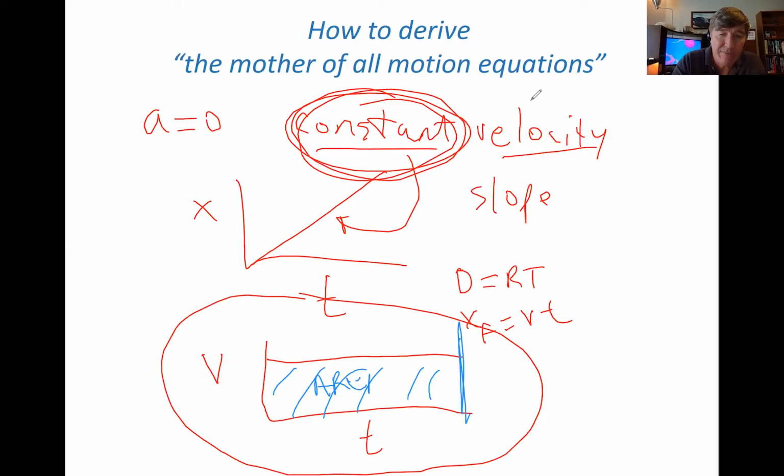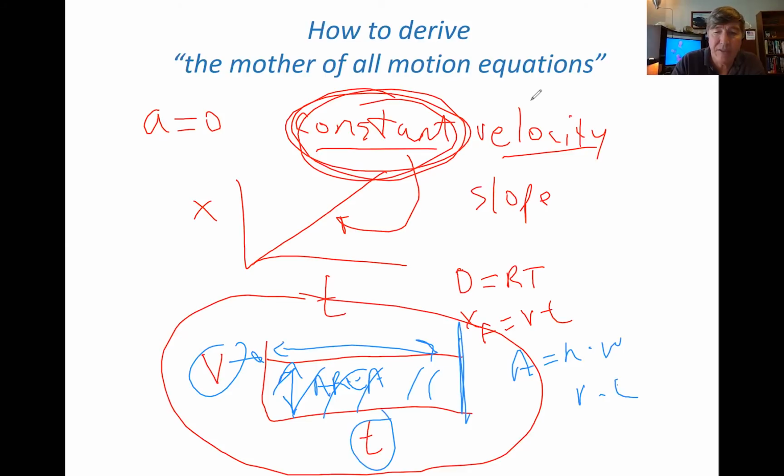What is the area of a rectangle? Well, area of a rectangle is height times width. What is the height of this rectangle? Well, the height of the rectangle is the velocity. What is the width of the rectangle? Well, that's the time. So now my V looks kind of like an R. Well, let me change that, make the V look more like a V.